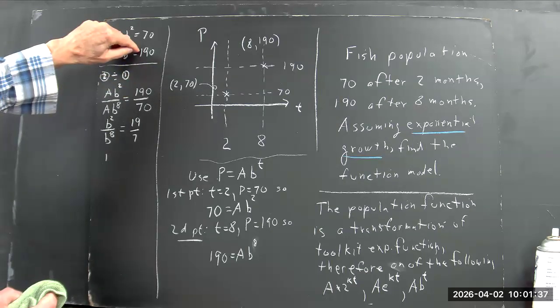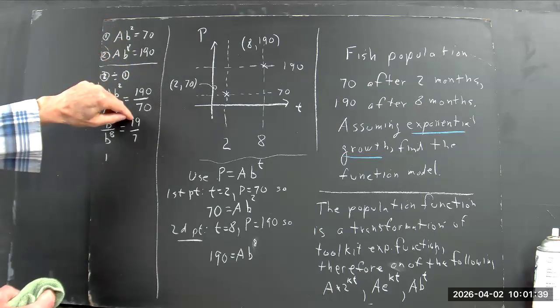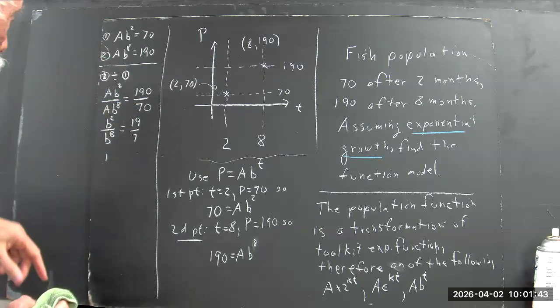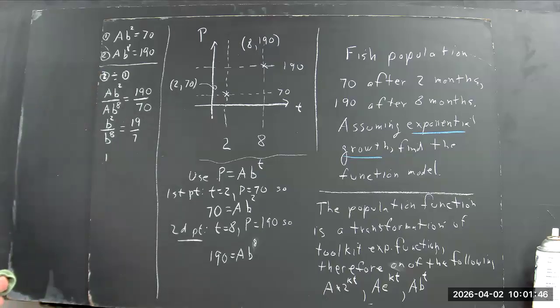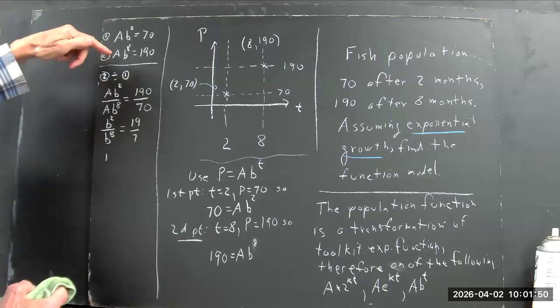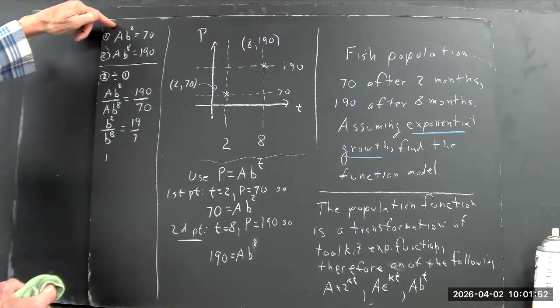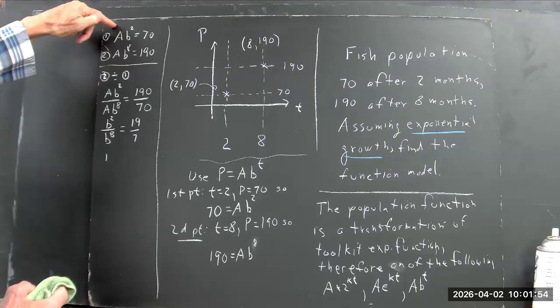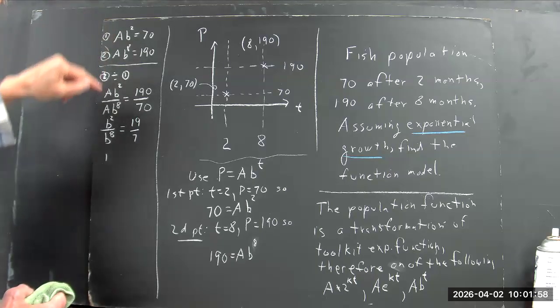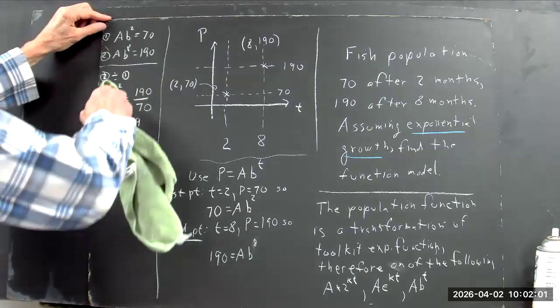Well, 190 is the right-hand side of equation 2. 70 is the right-hand side of equation 1. On the left-hand side, the left-hand side of equation 2 should be divided by the left-hand side of equation 1. And I wrote the left-hand side of equation 1 divided by the left-hand side of equation 2.